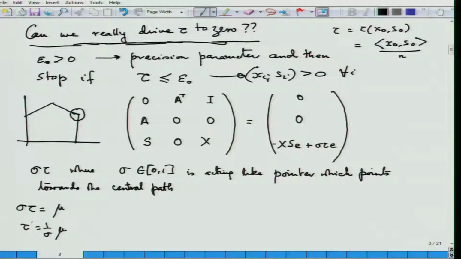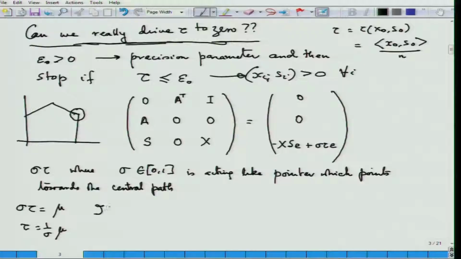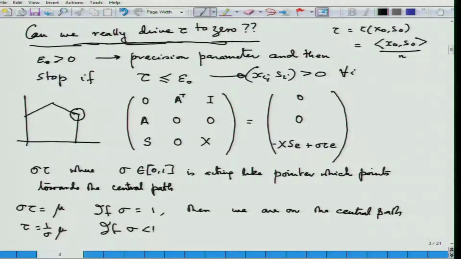So, this sigma tau: if sigma is 1, then tau is mu, and then I am on the central path. If sigma is strictly less than 1, then we are not on the central path. So, this is called an affine scaling direction.